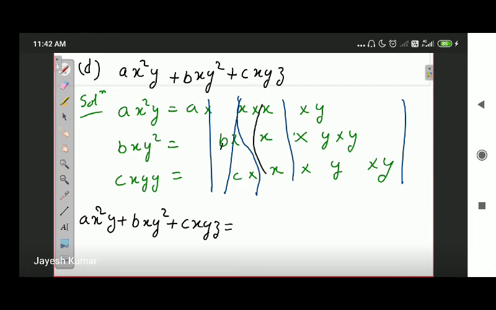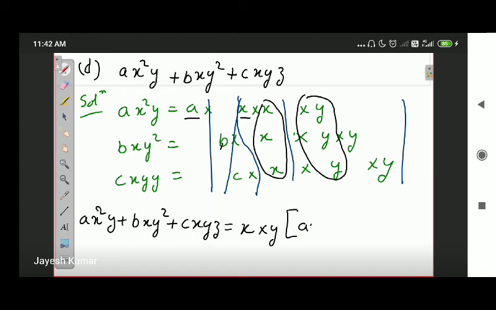One x is common, so I will take one x outside. One y is common, so I will take one y outside. The remaining terms: a x for the first term, b y for the second term, and for the last term it is c z, this is z, not y.